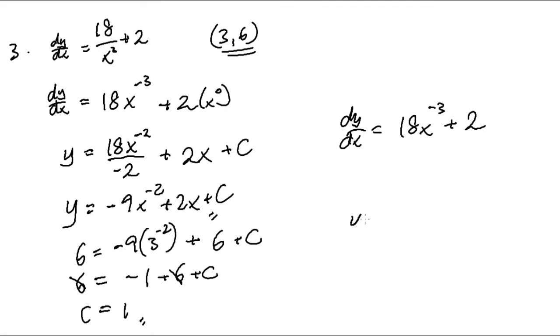So the equation is y equals minus 9x to the minus 2 plus 2x plus 1, and that's the answer to the third question.